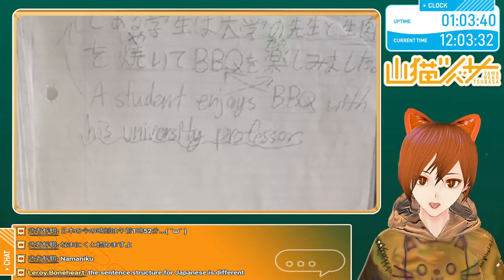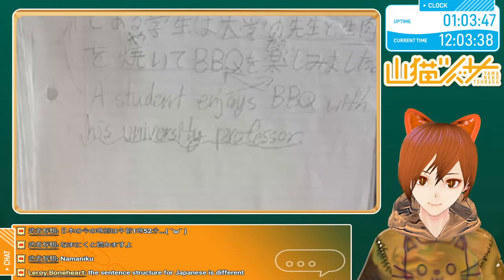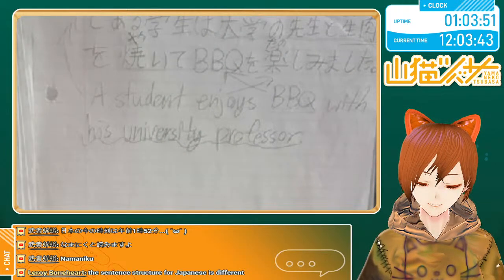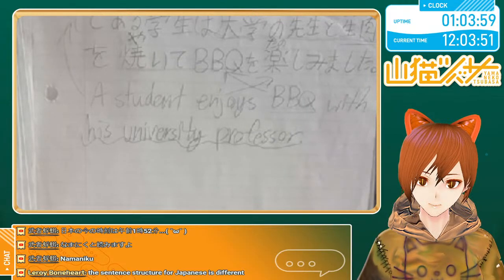A normal person would probably remember this no problem, but structurally speaking, the student and the university professor hold more staying power in a person's mind than the barbecue part of the sentence.